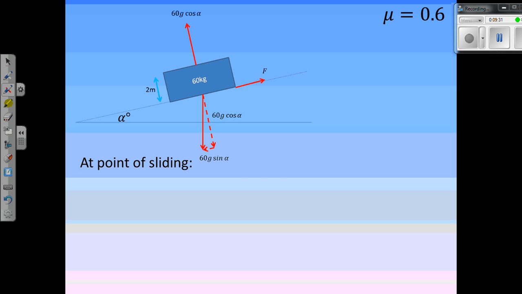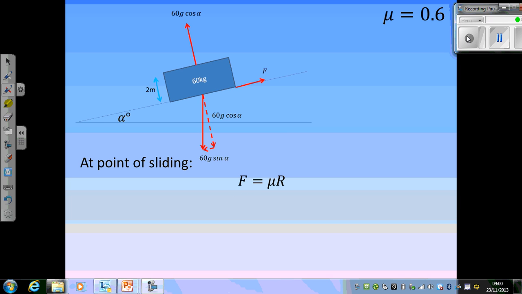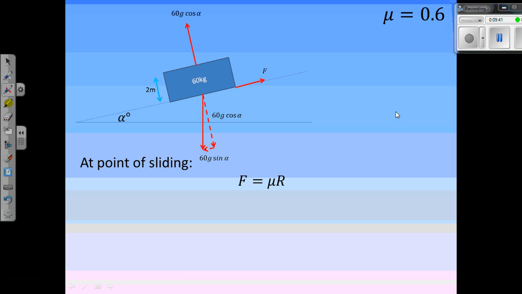So at the point of sliding, F equals mu R, standard. Now, the frictional force at the point of sliding is going to be limiting friction, mu R. Same setup as before, so R is going to be 60g cos alpha.